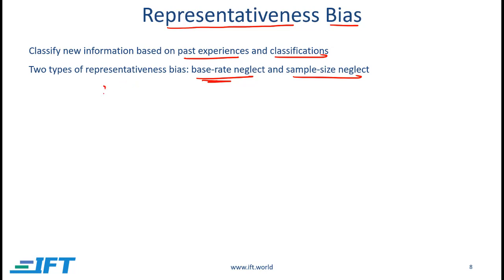For example, there might be a stereotype that if a company is a small company, then it should be classified as a growth stock. But this is just a stereotype. It is quite possible that a small company is not likely to grow. So a particular ABC small company might actually be small and stable rather than a growth company. So this would be an example of representativeness bias with base rate neglect. We are neglecting the probability that this stereotype is not always true.